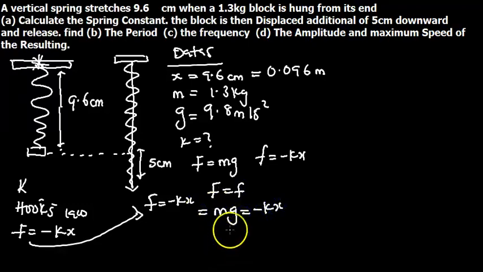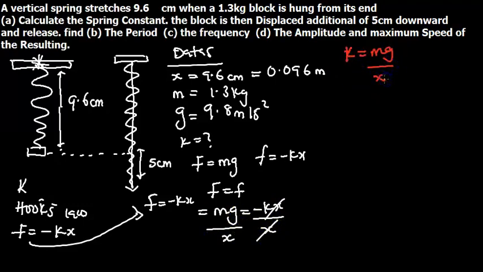At this point, we can make K the subject of the formula. If we move the negative to the other side, it becomes positive. We divide both sides by x, meaning that x cancels out, and we are left with K equals mg divided by x.